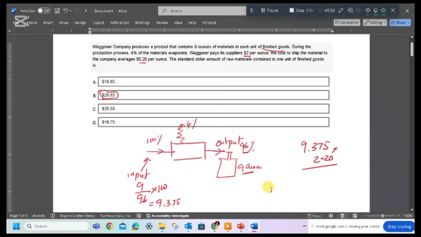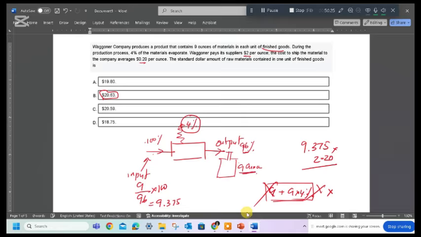In this working, the common mistake is that you take 9 ounces and for the 4% loss, you add 4% of this, which is absolutely wrong, because you have to take 4% of the input. In this working, you are taking 4% of the output. So if you have done this working, it is wrong. What is correct? 100, 4, 96.